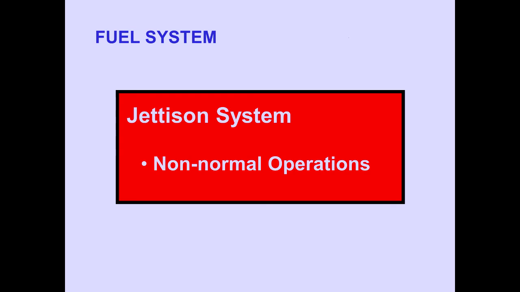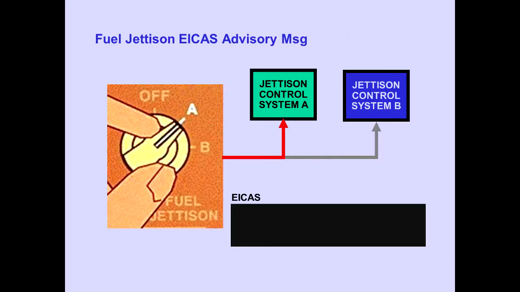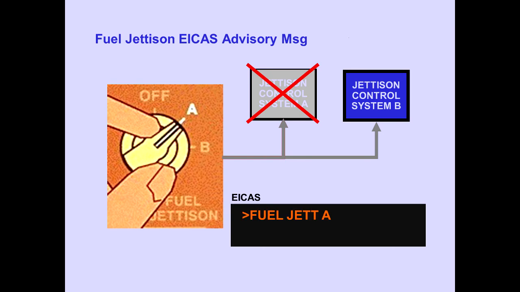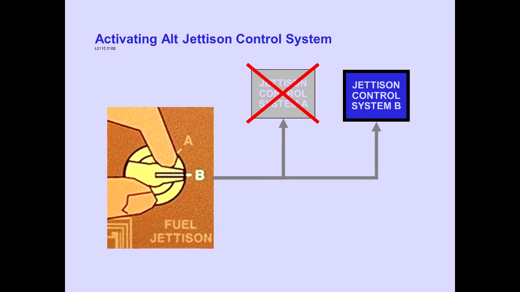Now, let's discuss jettison system non-normal operations. The ICAS advisory message, Fuel Jettison, is displayed when the selected jettison control system has failed. Rotating the fuel jettison control selector activates the other control system.